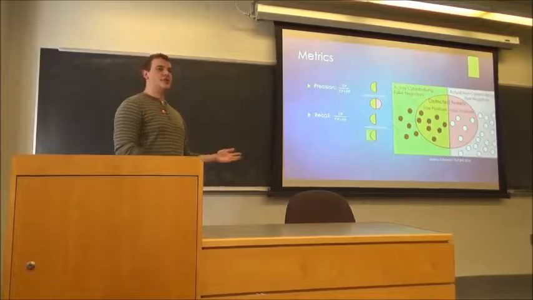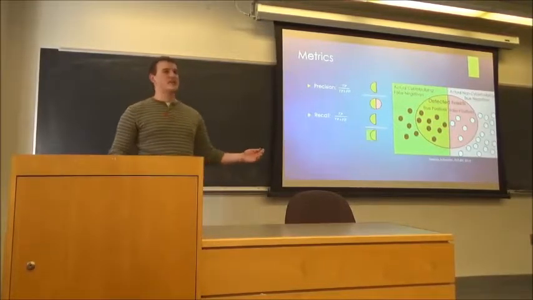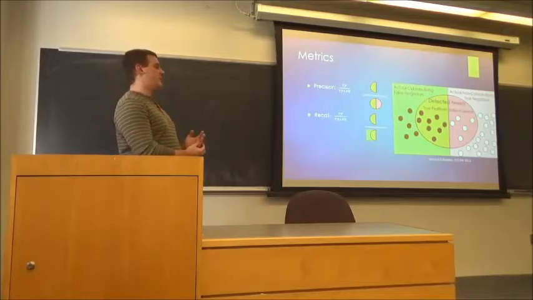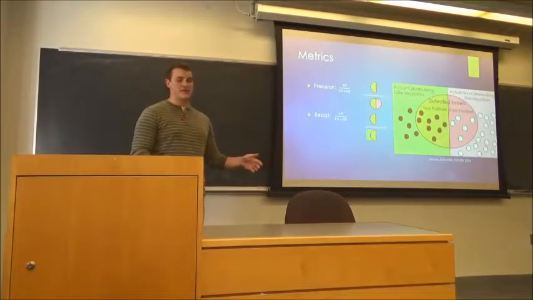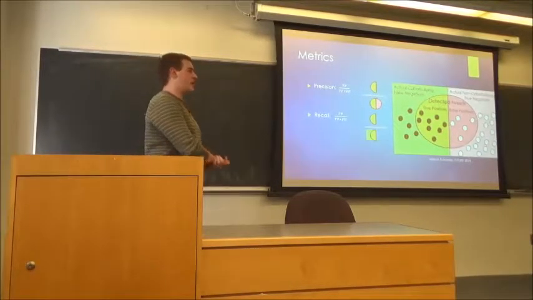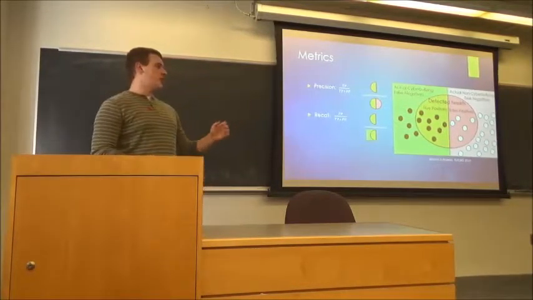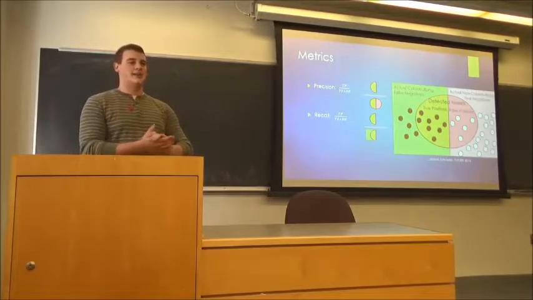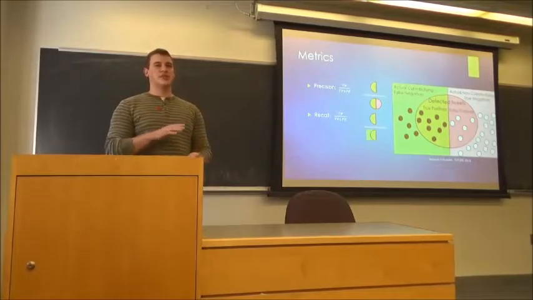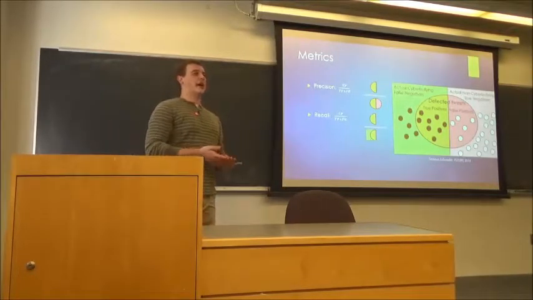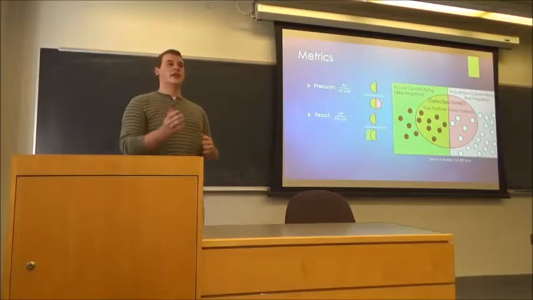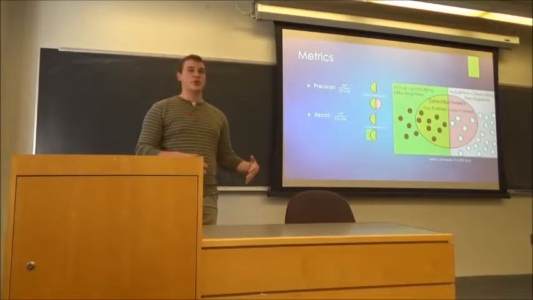So these are the metrics I used to score whether it was cyberbullying or not. I use precision and recall, and that's made up of true positives, false positives, true negatives, and false negatives. If you look at the big square, those are all the text messages, I was using my subsets, and the circle is the messages that were actually detected. True positives were messages that I detected as cyberbullying and that actually were, and false positives were messages I detected that weren't actually cyberbullying.